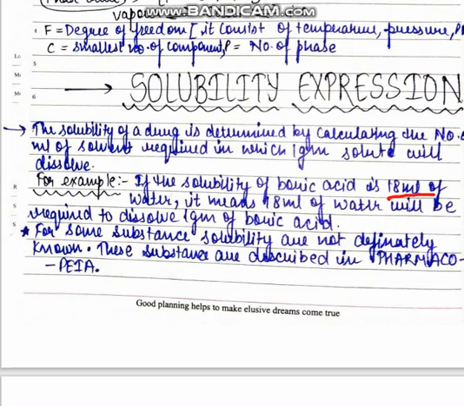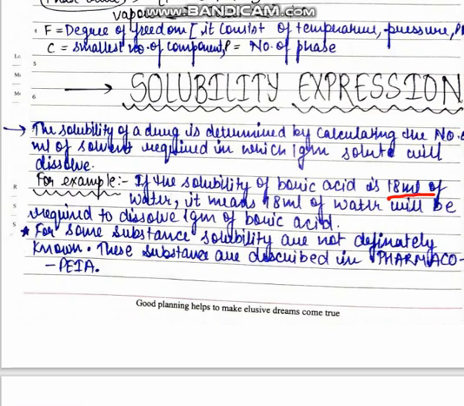So if we say that the solubility of sodium hydroxide is 30 ml of water, it means 1 gram of sodium hydroxide has to be added in 30 ml of water. In this way, we represent the solubility of a particular solute.